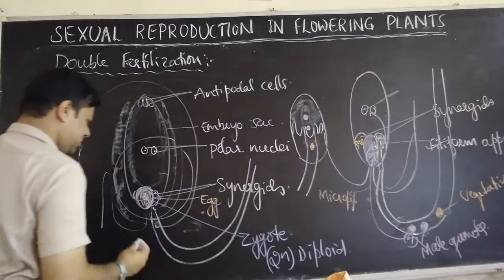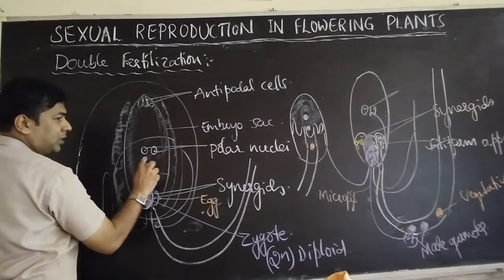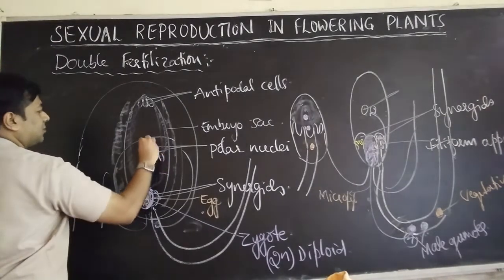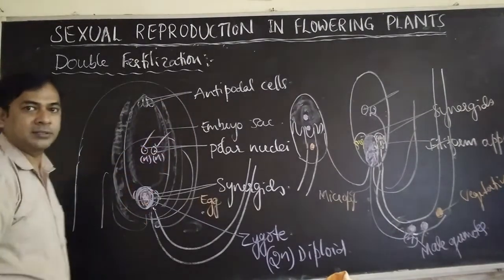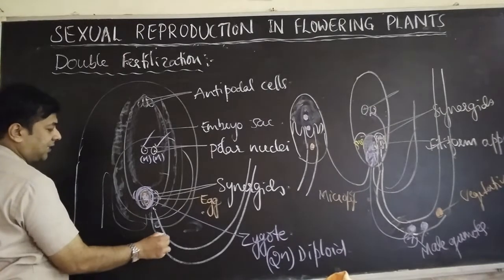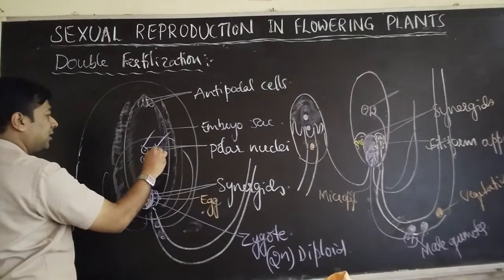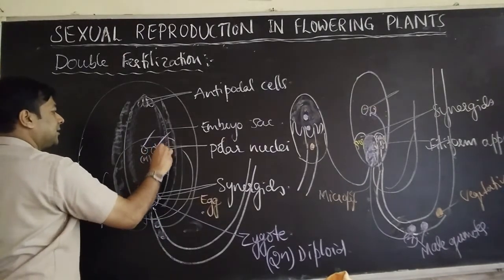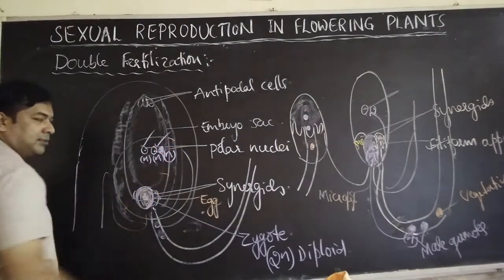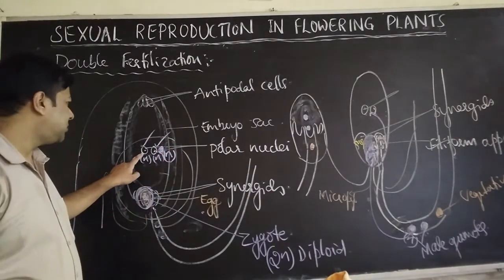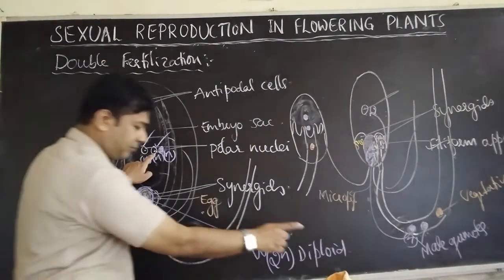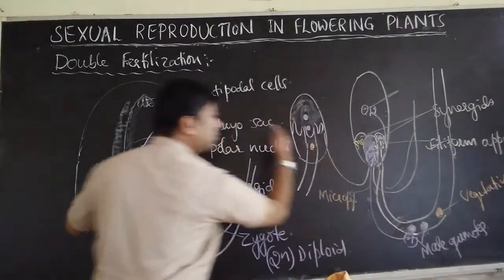Already the polar nuclei are there, each one is N. This is also haploid, this is also haploid. Along with that, one more haploid will come, because the second male nucleus will go and meet here. This is also N. So N plus N plus N, because each polar nucleus is haploid, then one more nucleus goes there.